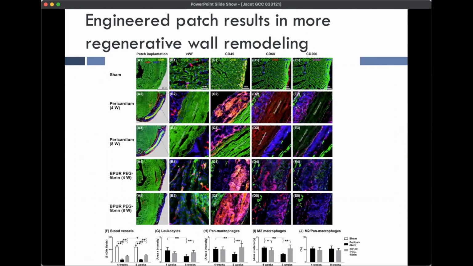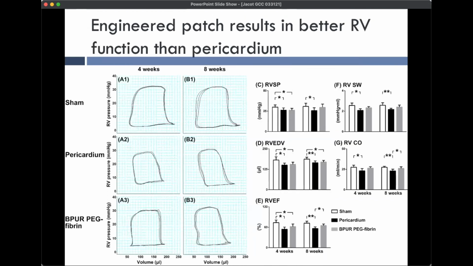And some regenerative remodeling, some ingrowth of cells, but not all that much. So we wanted to look at how we could improve on that. And this shows RV function is better with these hydrogel patches than with fixed pericardium.